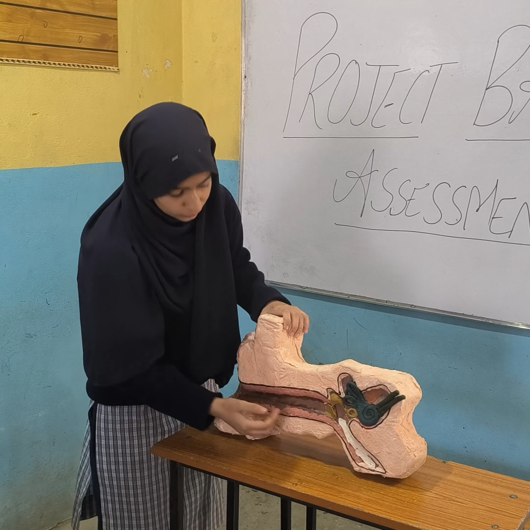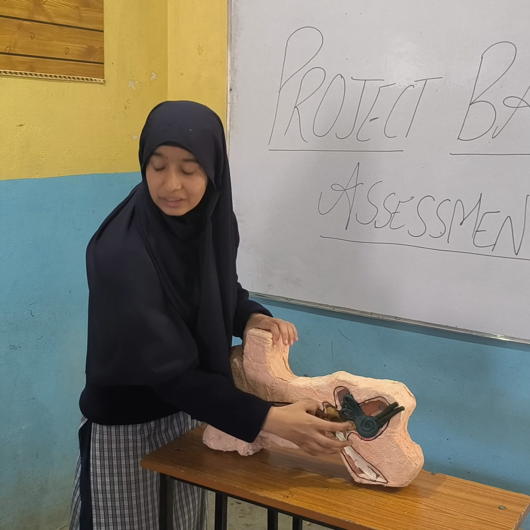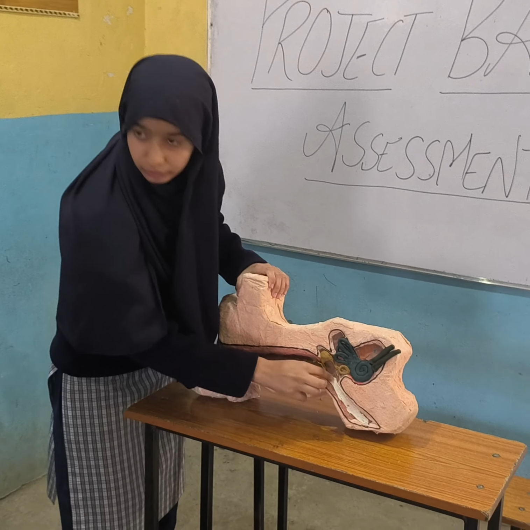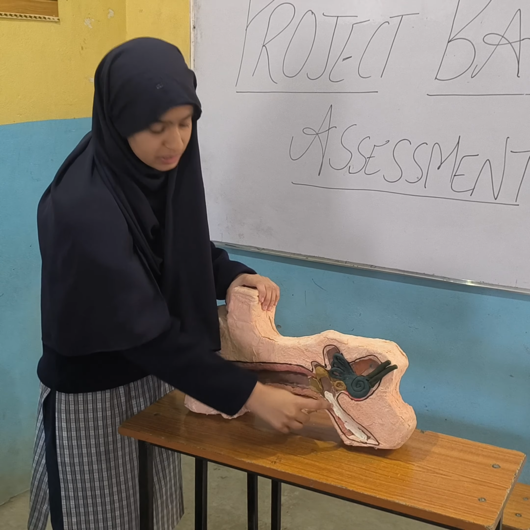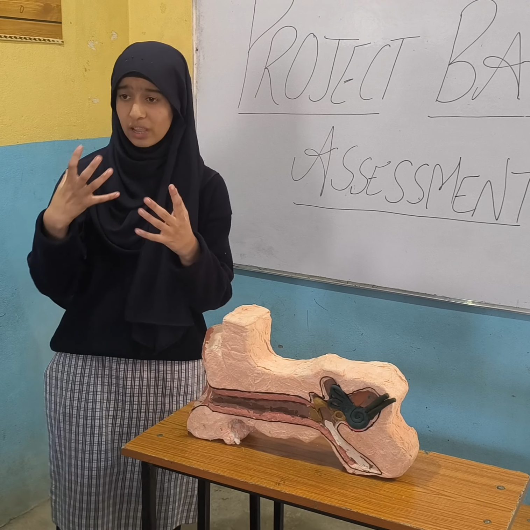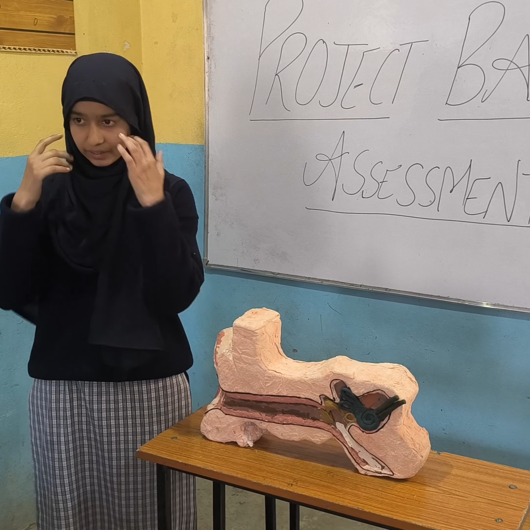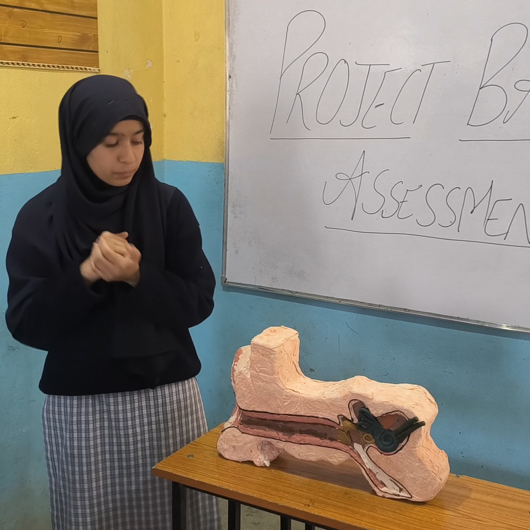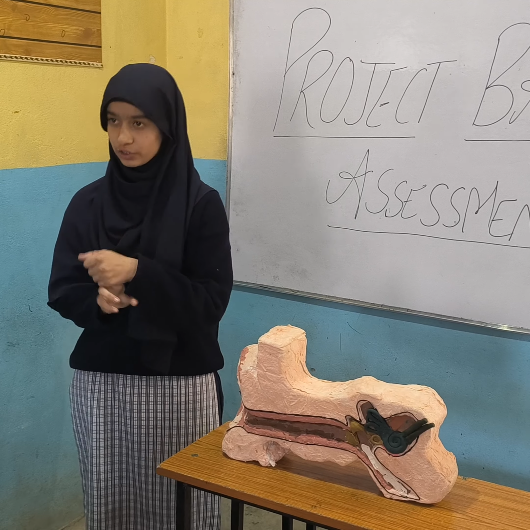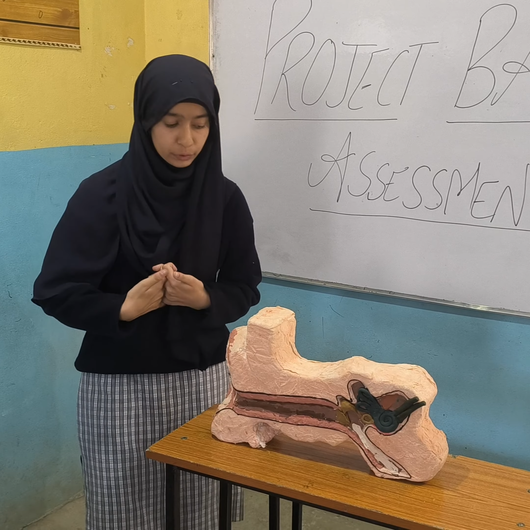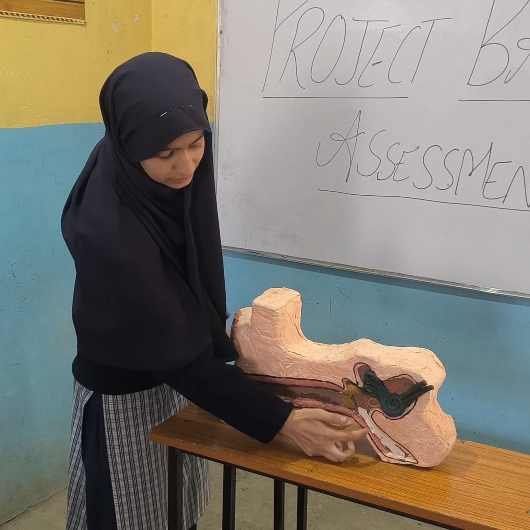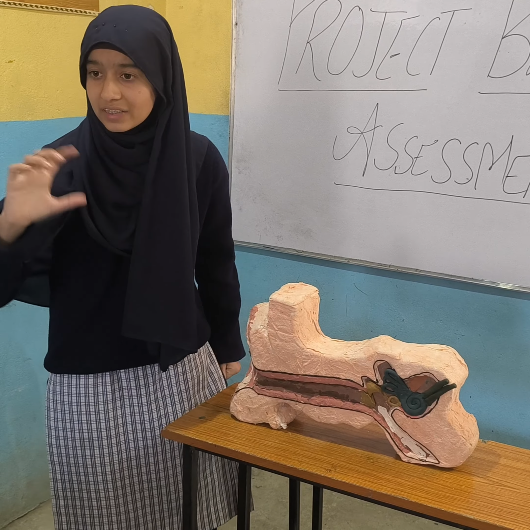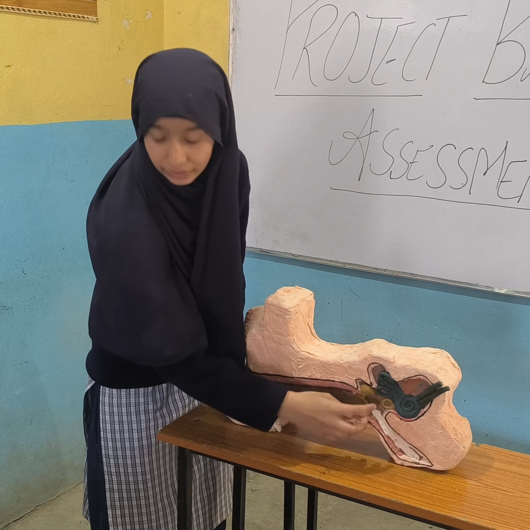And if we look into the middle ear, there is this part called the eustachian tube. The eustachian tube is the part in the middle ear that connects to the back of the throat. There are two functions of the eustachian tube that I want to share. First, it equalizes the pressure of the eardrum.